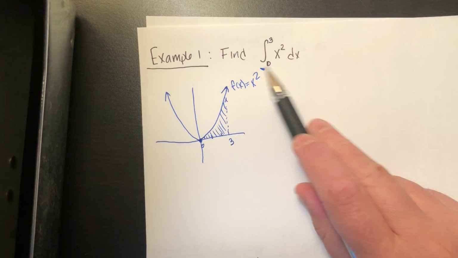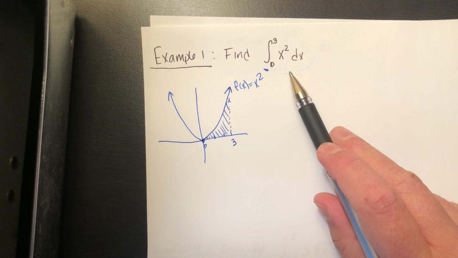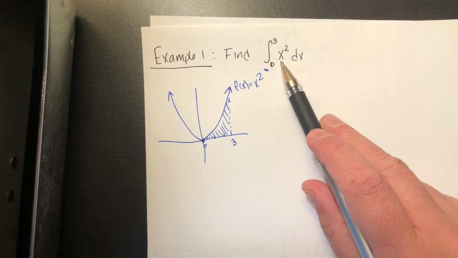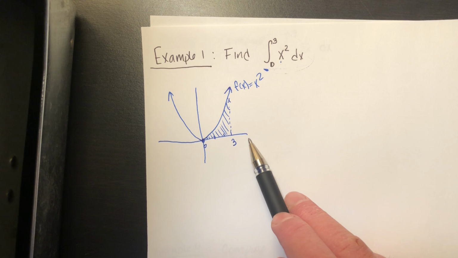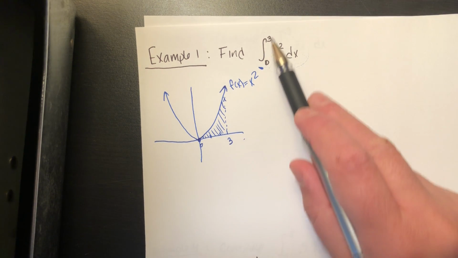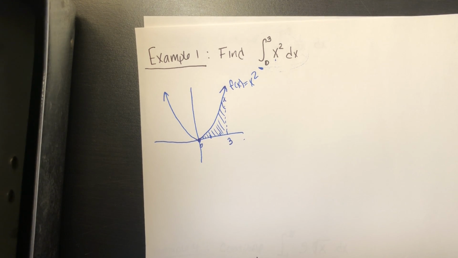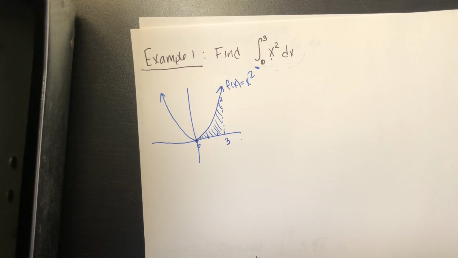Okay, that's what this represents. It's saying find the area between the curve f of x equals x squared and the x-axis over the interval from 0 to 3. That's the first question that I asked. I didn't write it like that, but that's the question that I asked.